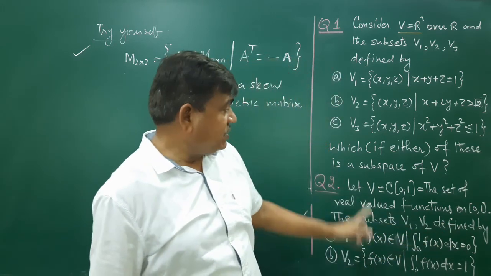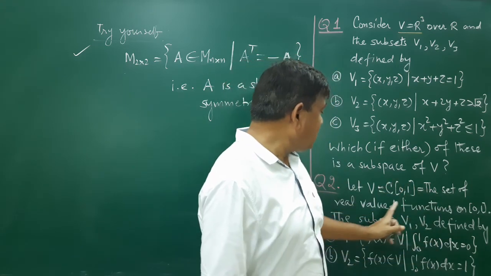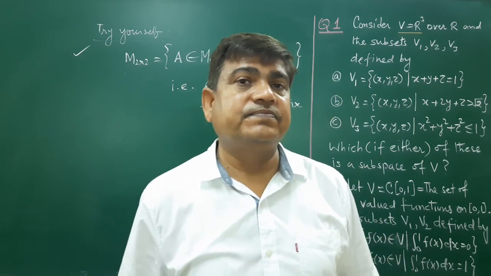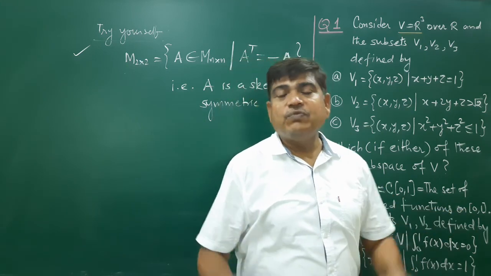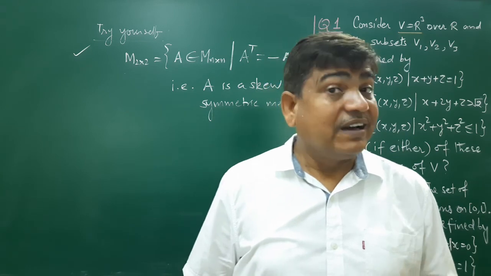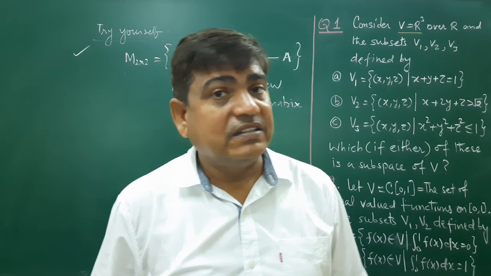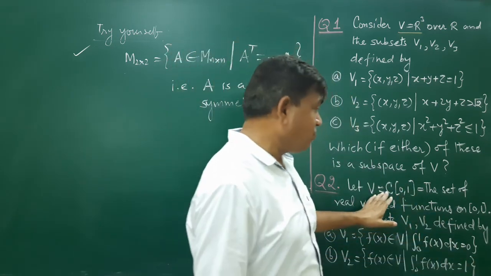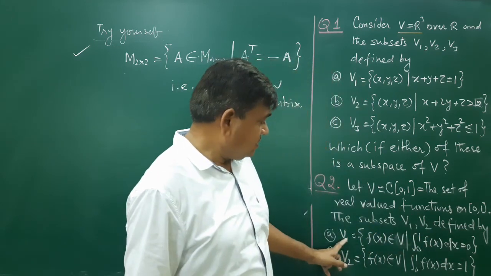So here V is a vector space, the set of all real valued functions defined on this interval, and you know that it is a vector space under the addition of functions and scalar multiplication of functions. This we have done. The subsets V1, V2 are defined by these two.